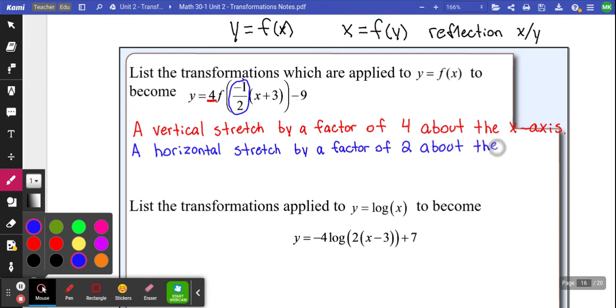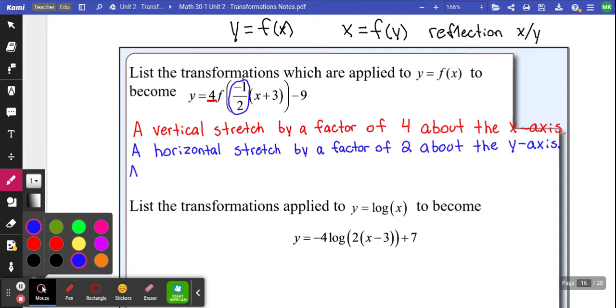And then I'm going to write a different transformation for that negative. Now I'm going to say that it is a reflection about the y-axis, and that covers the negative part. So we have a vertical stretch by a factor of 4 about the x-axis. We have a horizontal stretch by a factor of 2 about the y-axis.